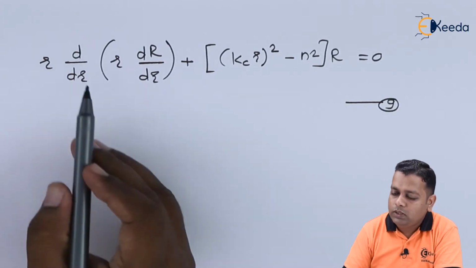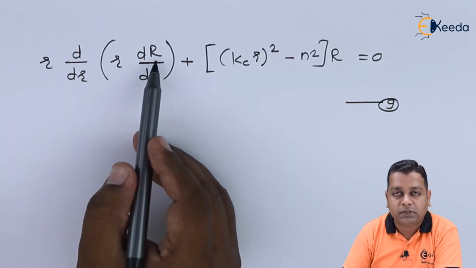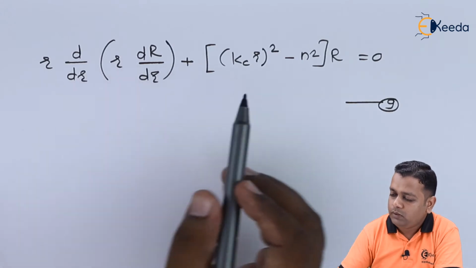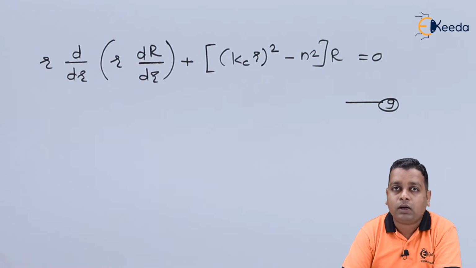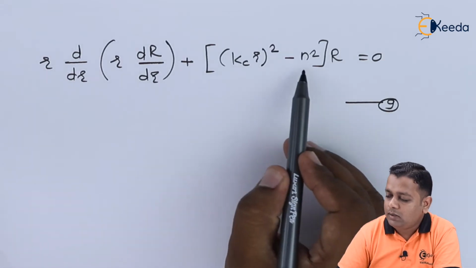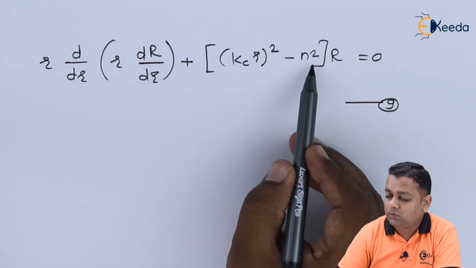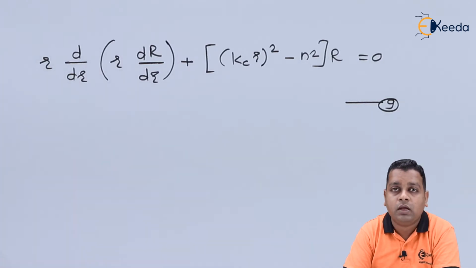So here we have the complete differential with respect to small r for the function represented for r only. We have been using kc for representation of the cutoff wave number if we have propagation inside the waveguide, and the constant term minus n square we have been representing for the second or the middle term corresponding to phi, and the third parameter corresponding to z is giving us the propagation information here.